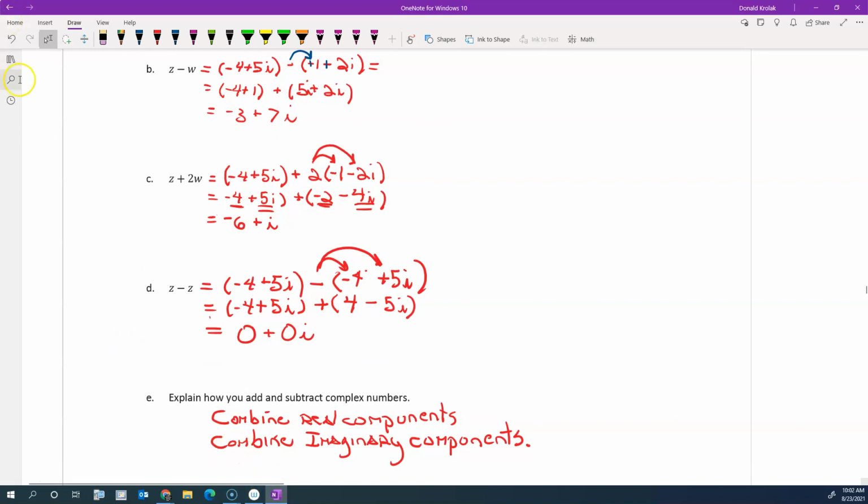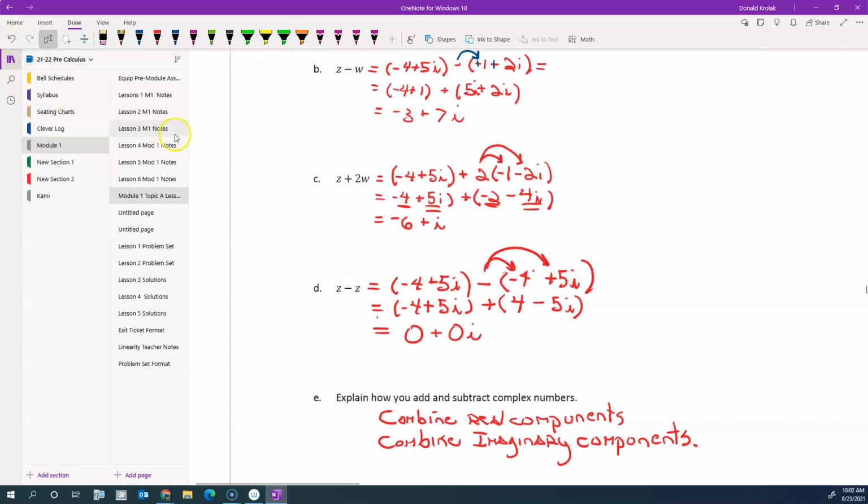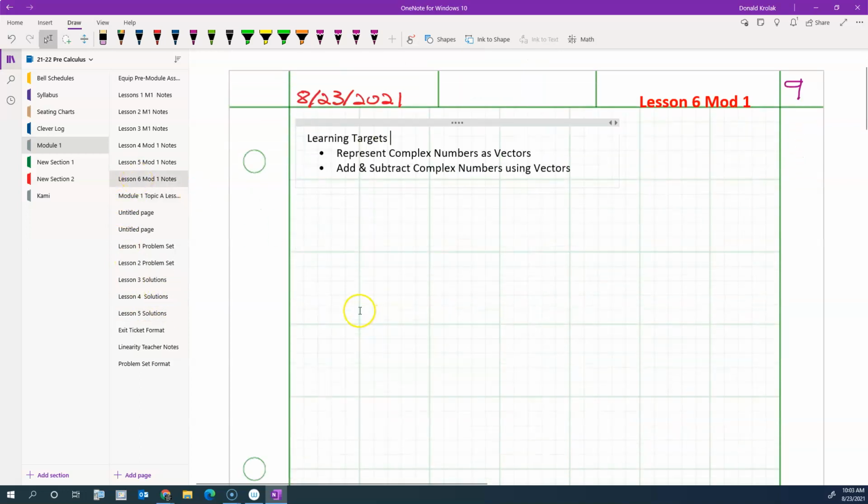Okay, now if we go back to our notes here, I'll show you how to represent a vector or a complex number using a vector. So this is the first learning target. How do you represent complex numbers as a vector?